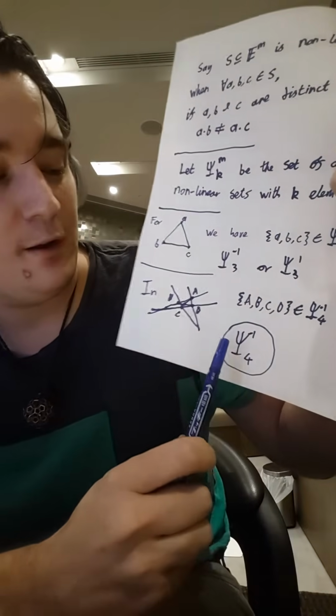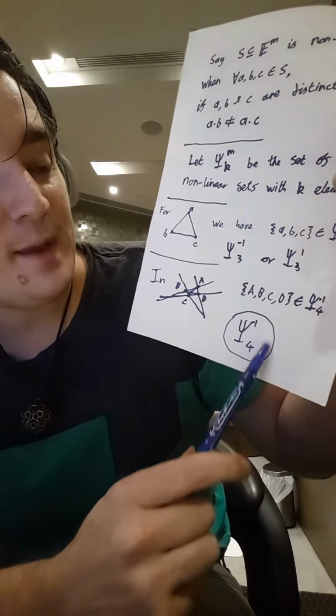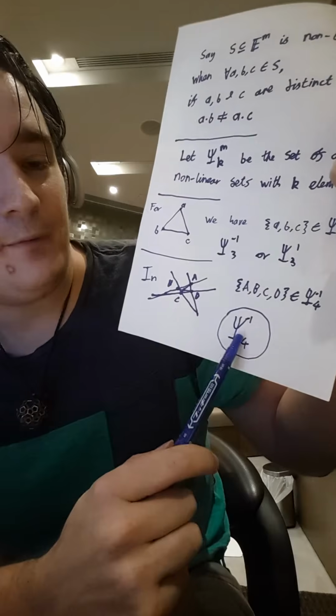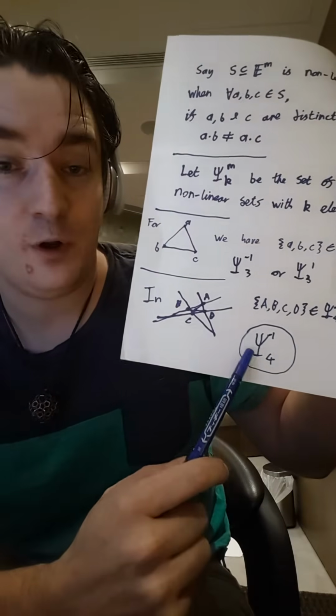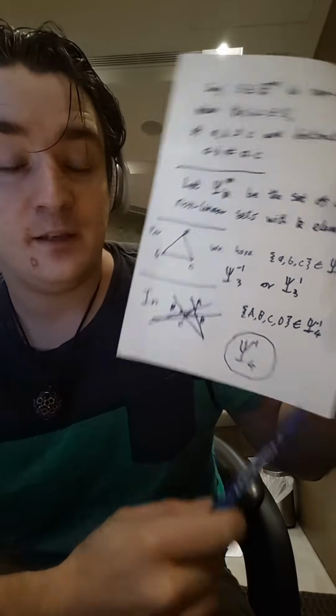Let's remember, -1, we'll use a convention that -1 represents points, if I can remember that. Well, okay, so what does this mean? Well, this is basically the set of all quadrangles, because a quadrangle is a set of 4 points, no 3 of which are collinear.